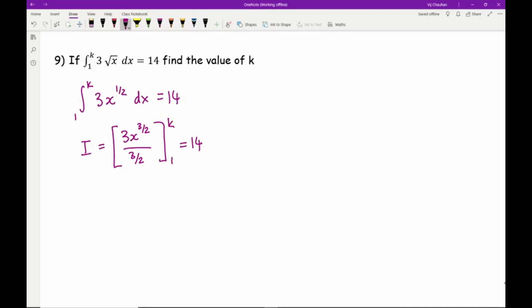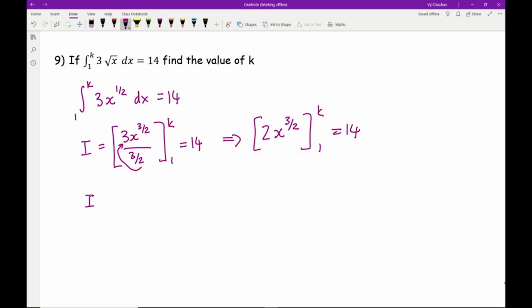So substituting everything in, now at this stage I probably would want to simplify again. Let's just make this a little bit easier. So here the 2 moves to the front, so that becomes a 6. 6 over 3 then becomes 2, so it's 2x to the 3 over 2 with the limits of k and 1, and again that equals 14.